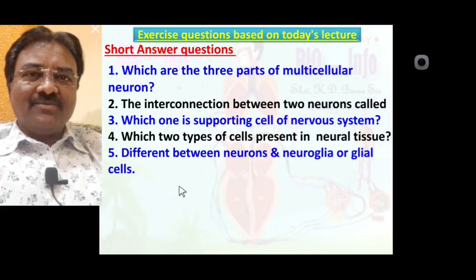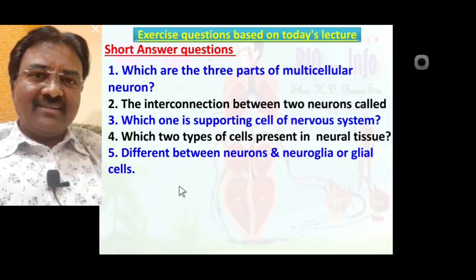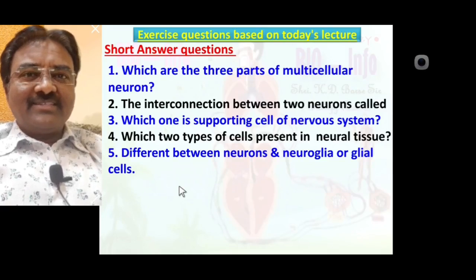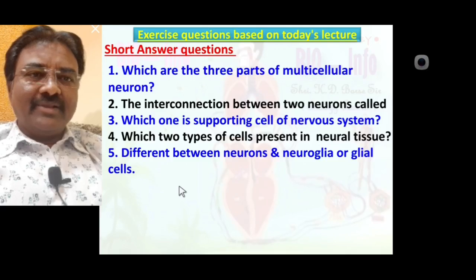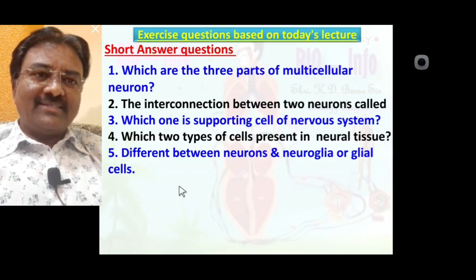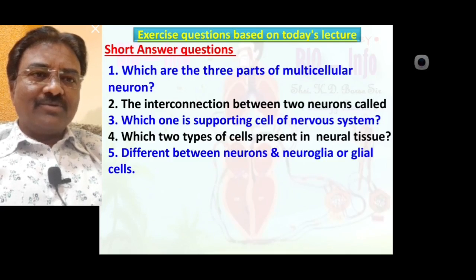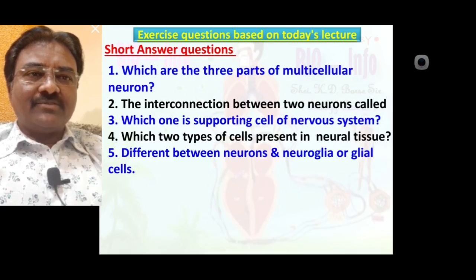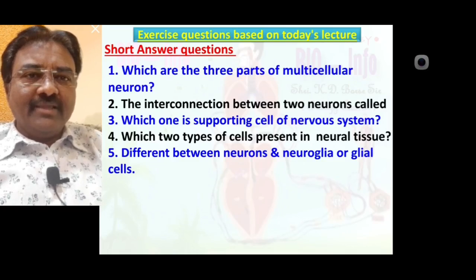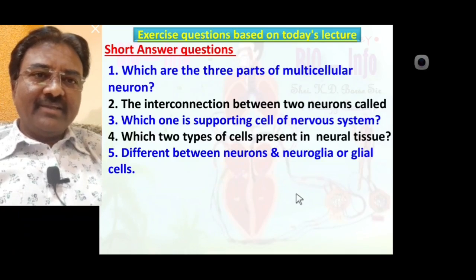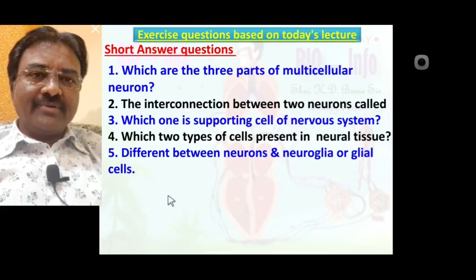Yes, neurons or nerve cells are impulse generating and impulse conducting cells, while neuroglia are supporting cells, providing support to the nerve cells. Neuroglia also provide insulating covering to the neurons, and also remove debris. This is the difference between neurons and neuroglial cells.